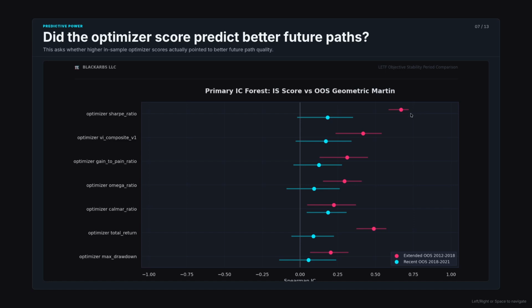And so we can see again for the extended period how well Sharpe ratio does in comparison to the other metrics. On the shorter period, they're a lot more in line with each other, which I think is pretty interesting. What else stands out? Total return having this extended period doing really well is pretty interesting as well to me.